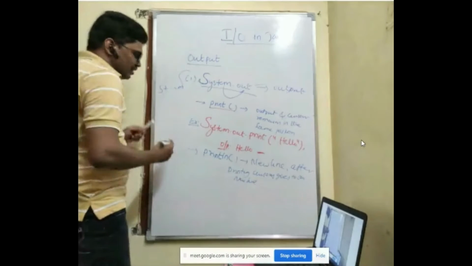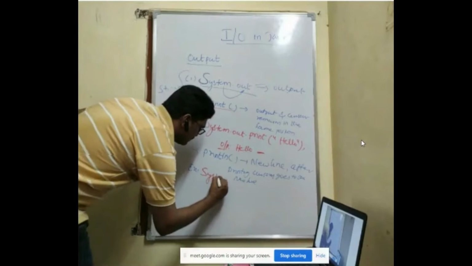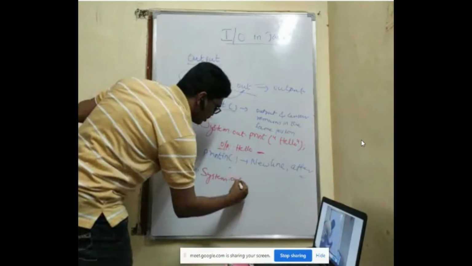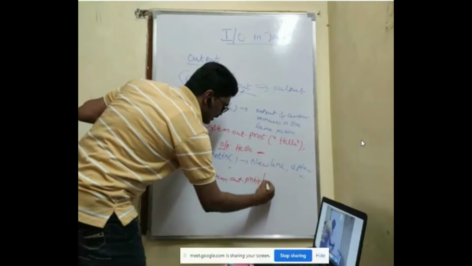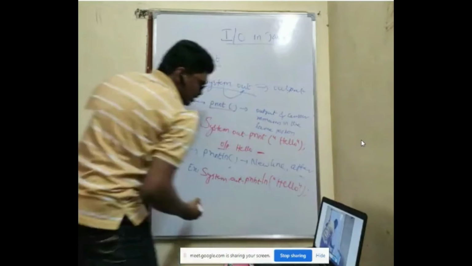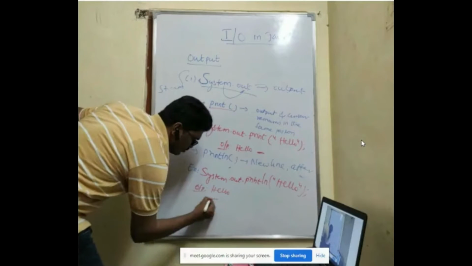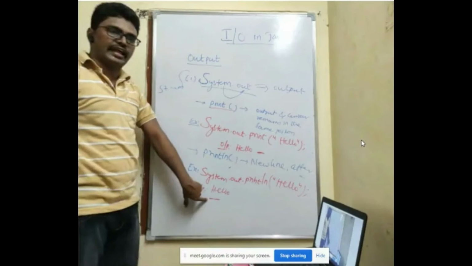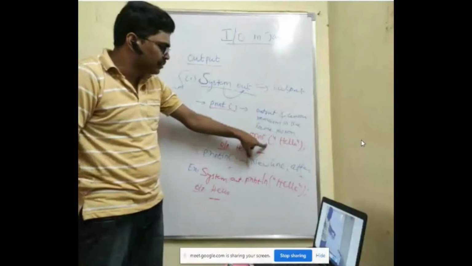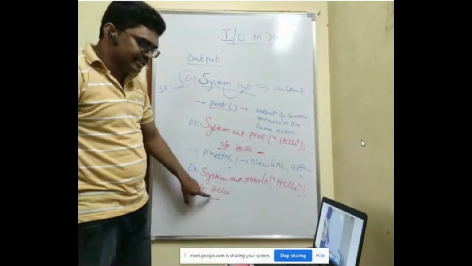If I see the same example, I'll erase this and say System.out.println, giving ln, and then hello. Now in the output, hello will be displayed, but the cursor will move to the next line, whereas with print the cursor remains here only. That is the main difference. With System.out.print, after printing, the cursor remains in the same line. Here, after printing, the cursor goes to the next line.